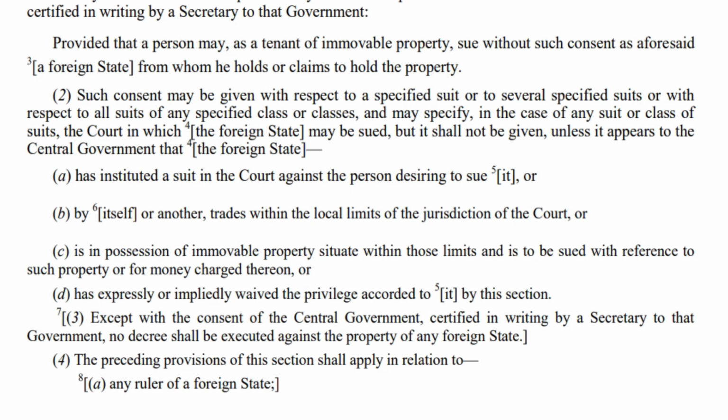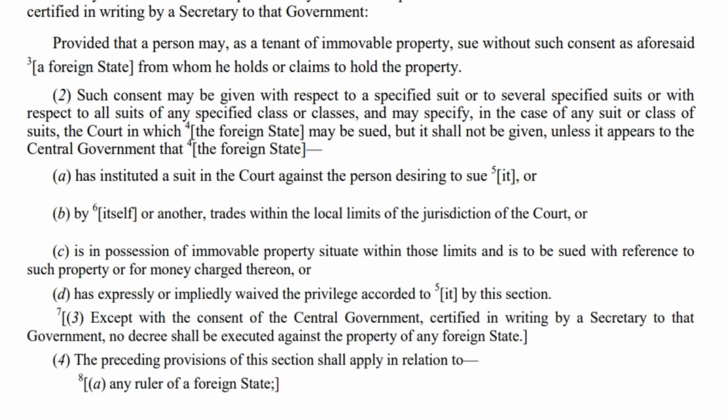For example, I am a foreign state. I am holding an immovable property within the jurisdiction of that court, and I have to pay some money to someone. I have not paid the money, that is, the foreign state has not paid the money, and money has been charged on the property. In that case also, consent will not be given.